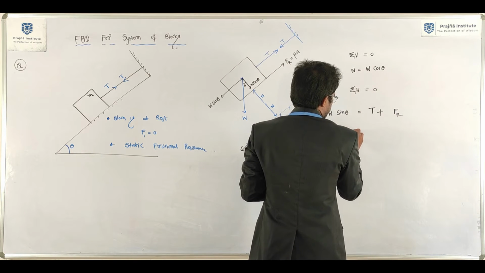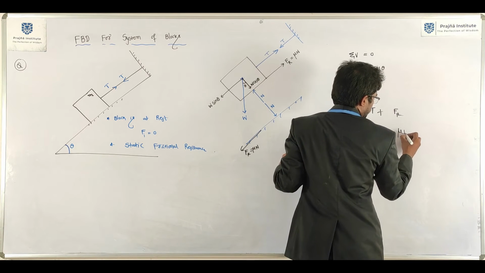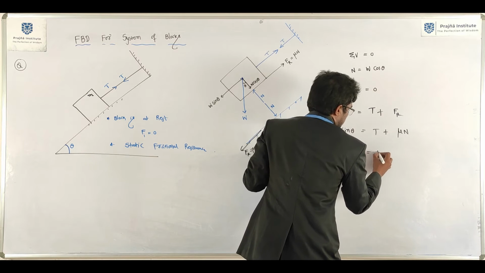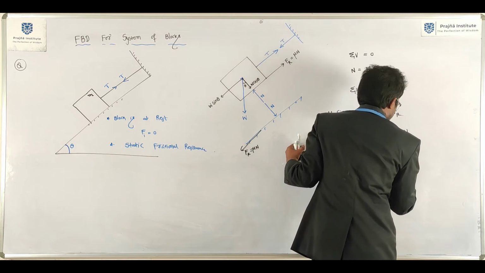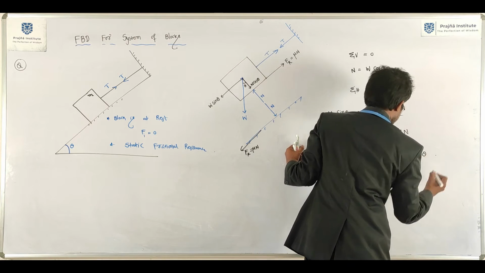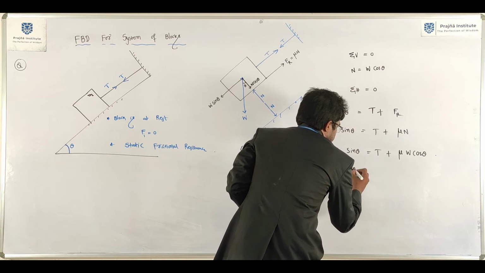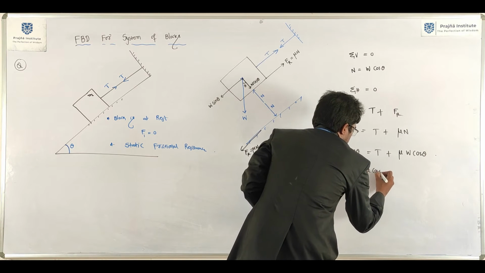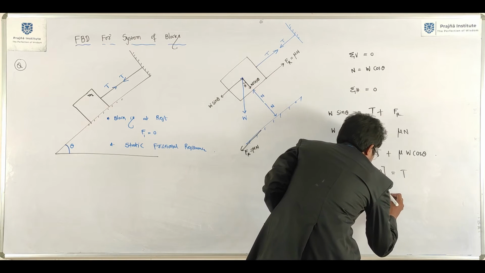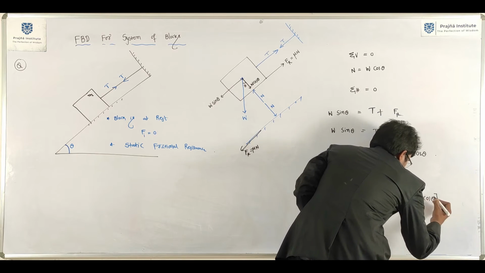W sin theta equals T plus mu into N, so W sin theta equals T plus mu into W cos theta. Therefore T is equal to W into (sin theta minus mu cos theta).